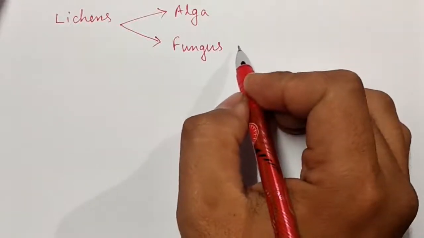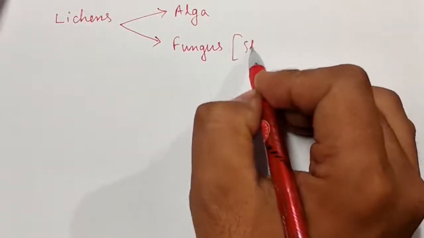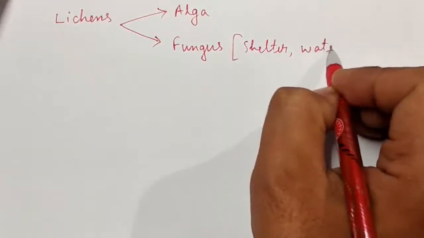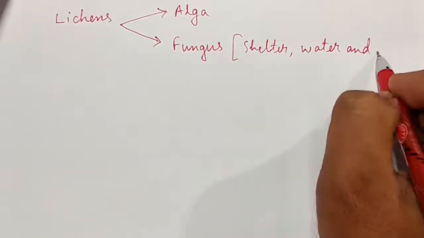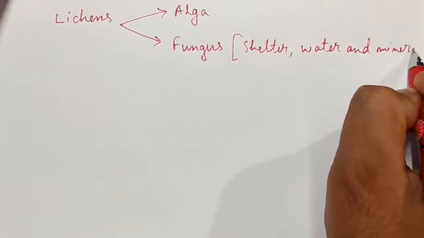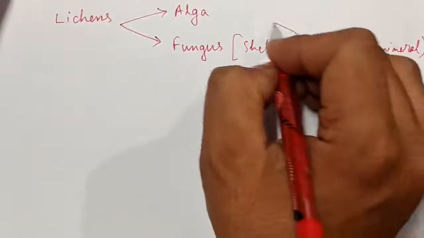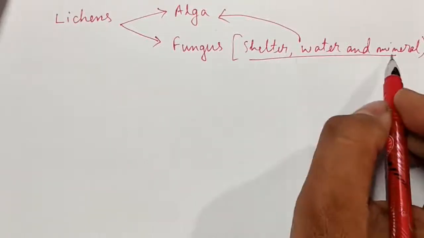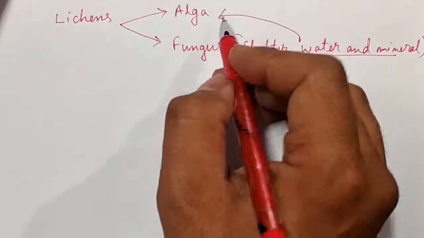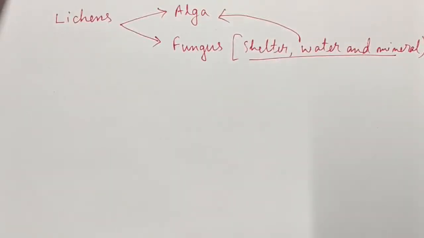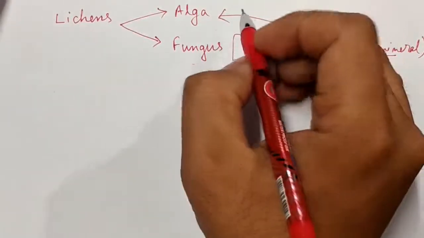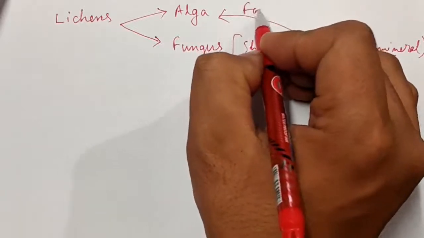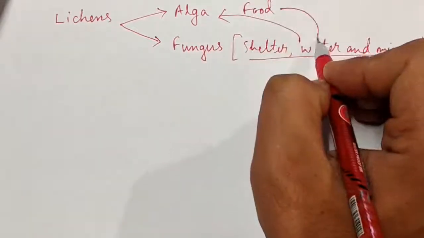The fungus will provide shelter, water, and minerals to the alga, and then the alga prepares and provides food to the fungus.